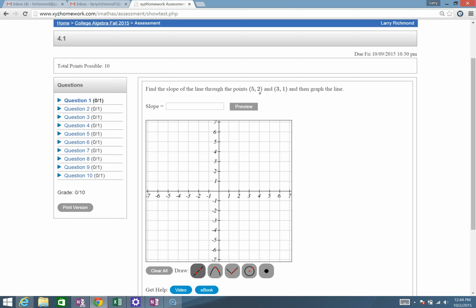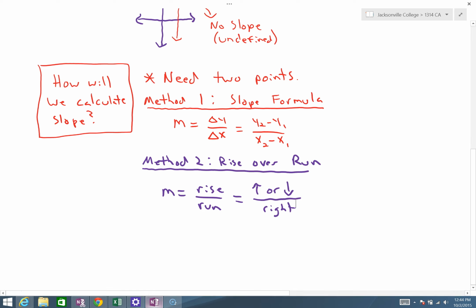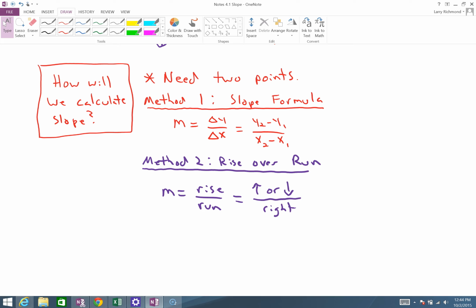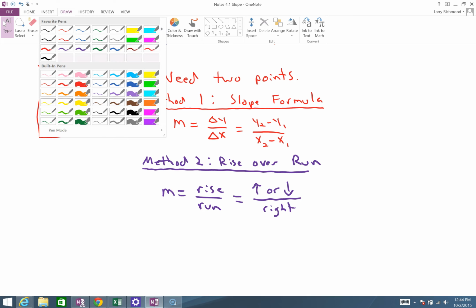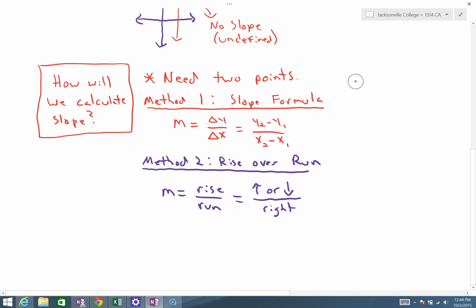So going back to our notes now, we have the points 5, 2, and 3, 1. So, using our first method, the slope formula. Okay, we have the points 5, 2, and 3, 1. I'm going to use this slope formula.